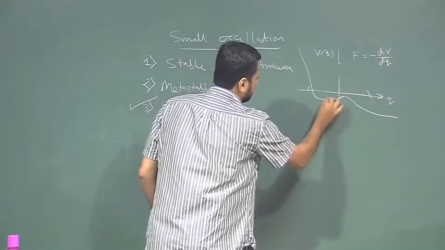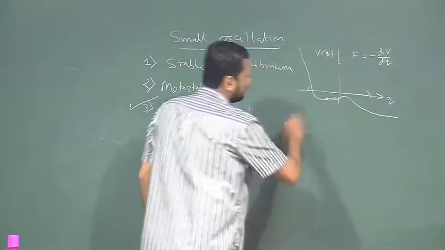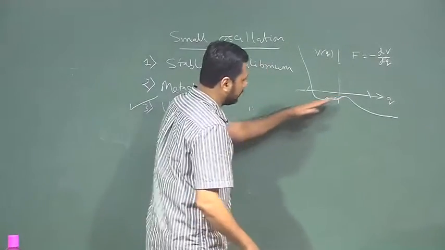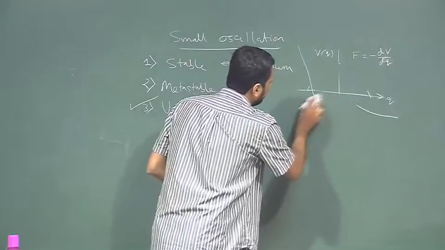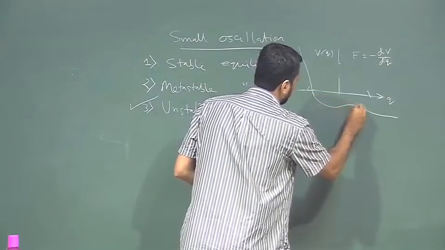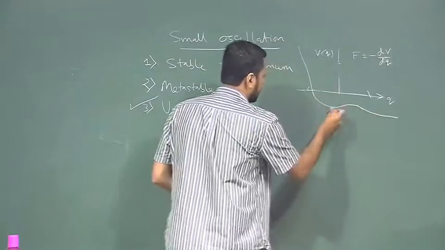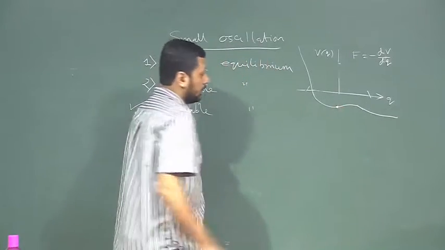So, we have a system here, we start deviating it from the equilibrium. So, let us say the system is here, okay.